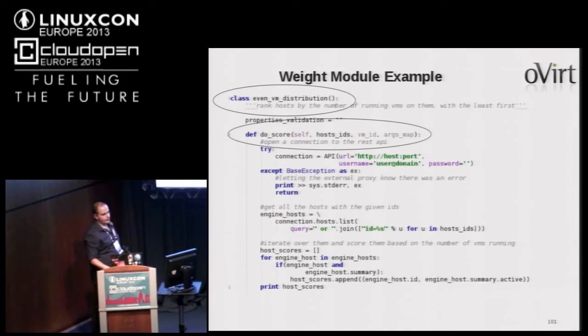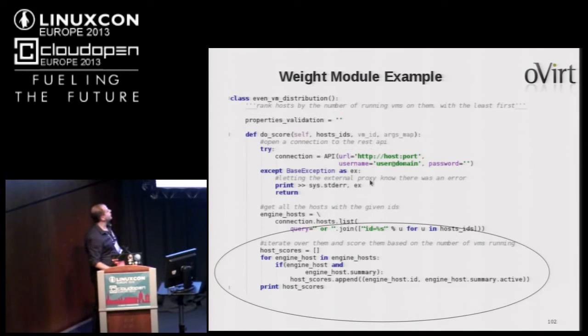What we do here again is we have a class with the doScore function, getting the host IDs and the VM ID. These are the hosts that were left after all the filters ran, host 2 and host 4 in our example. And I get the VM ID, that's the VM that I want to run or to migrate, depending on the use case. What we're going to do here is get the number of active VMs on each host and add that to the score set we're returning back.